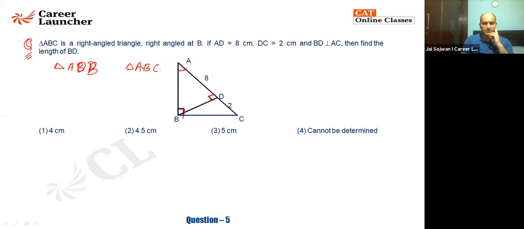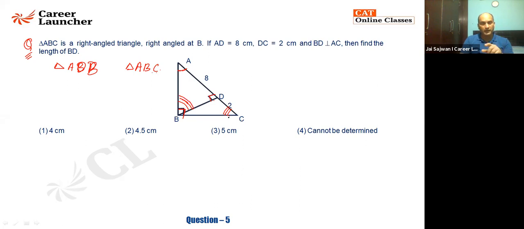D is 90 degree here, and in ABC, B is 90 degree. Can I say if this is 90 degree, the third angle will be this one? The sum of the interior angles is 180 degrees, so this is the third angle.